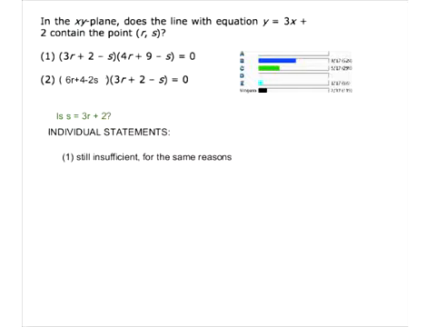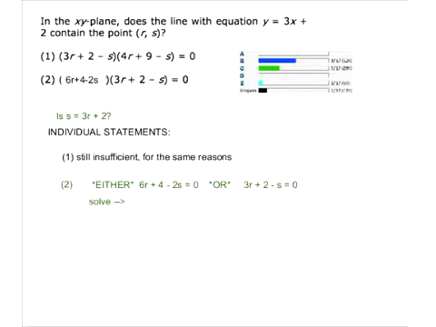But let's look at statement 2. Statement 2 this time means either 6R plus 4 minus 2S is 0, or 3R plus 2 minus S is 0. Sorry, that's a 0, not a 9. If you solve these, here's what you get.